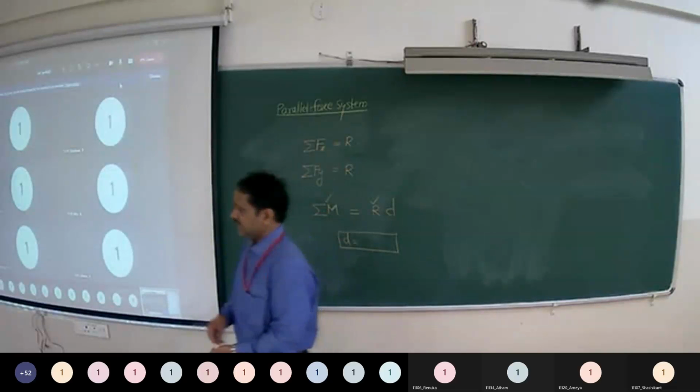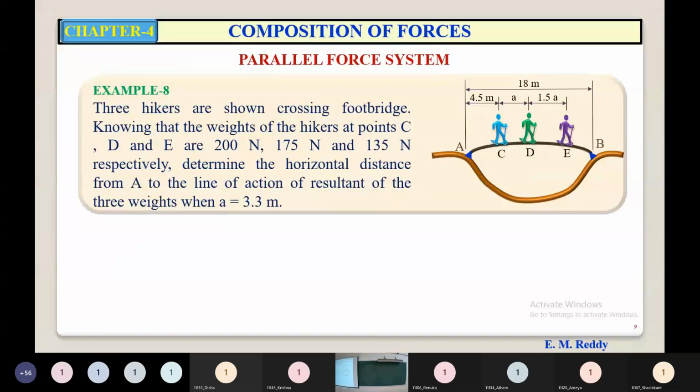Okay, so let us solve an example. Three hikers are shown crossing a footbridge.